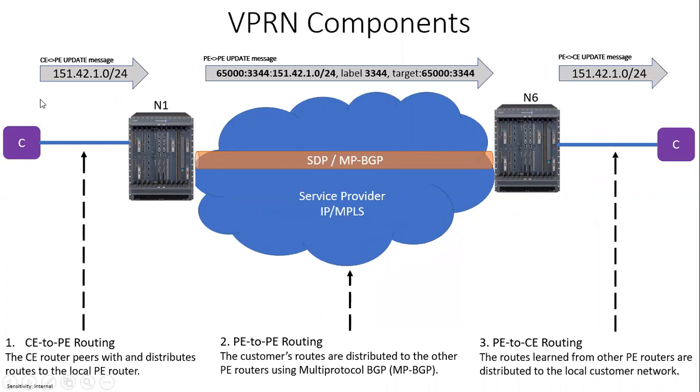All right, so the prefix comes from the CPE to the PE in an update message. The PE generates a label for the prefix and prepends it with a route distinguisher, then attaches a route target to it and sends it to the far end provider edge or the egress label edge router.